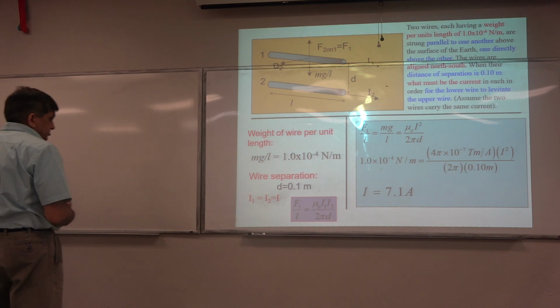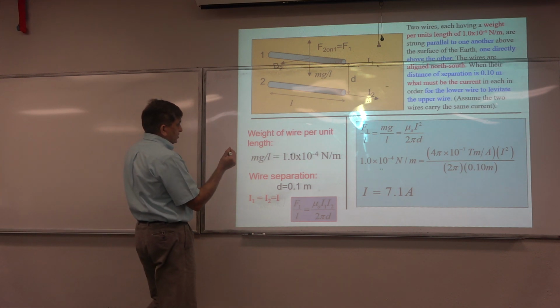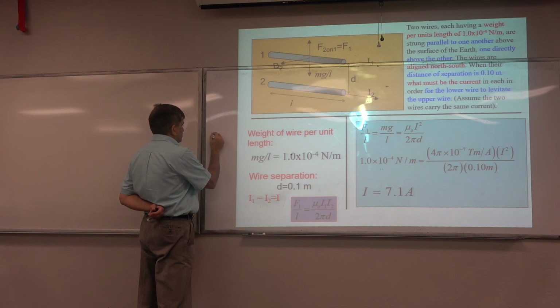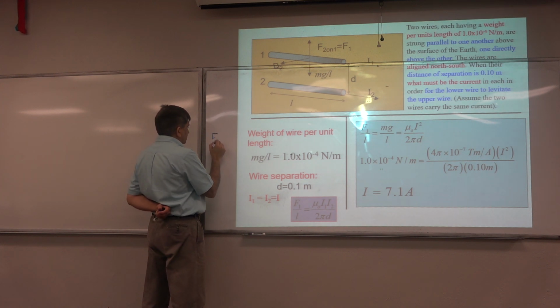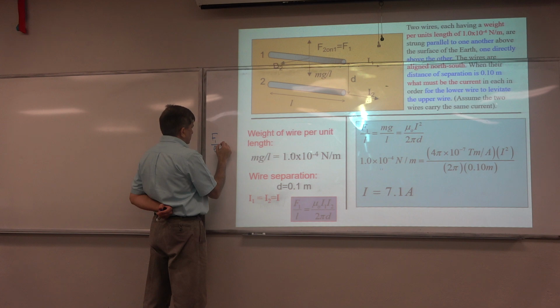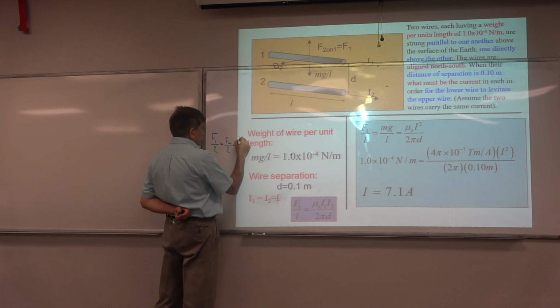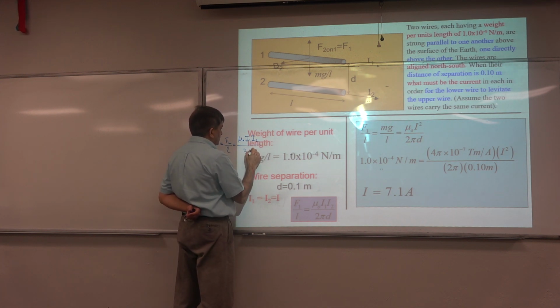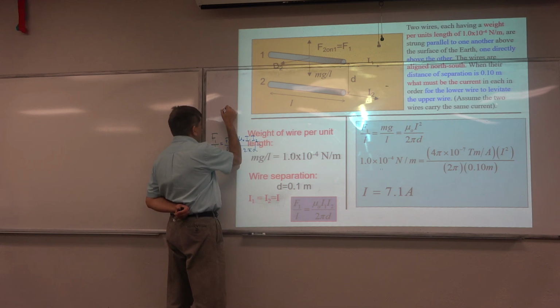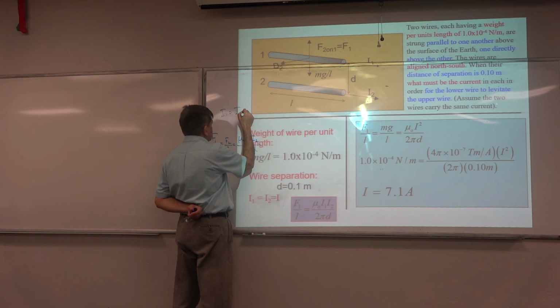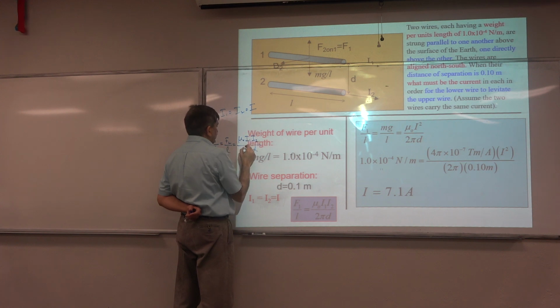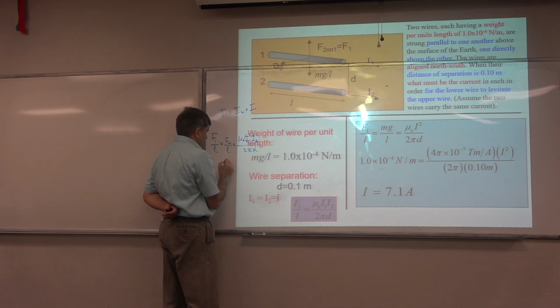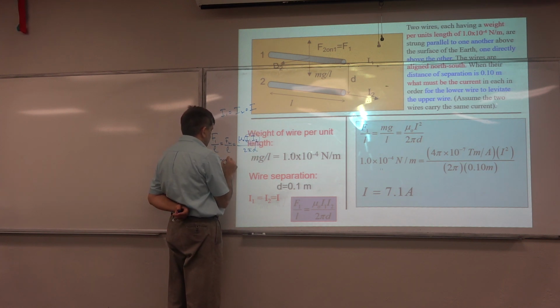We want to find the current, so we know the relation F1 over L or F2 over L is equal to mu naught times the current in 1 times the current in 2 divided by 2 pi d. Now let's say I1 is equal to I2, and this is equal to I. So I can replace that. This is equal to mg over L.